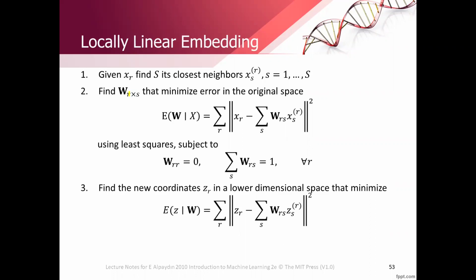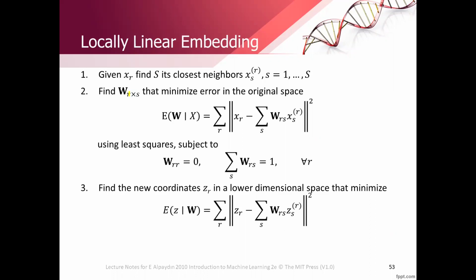So I am close to this one, I am farther from this one, and even farther from the 3rd one. After the transformation, I would like to have the same relation between the distances.